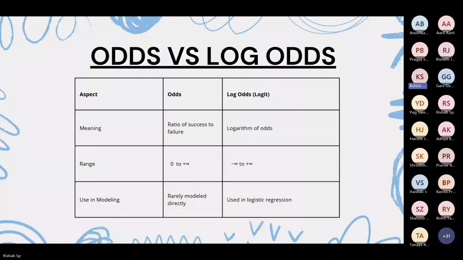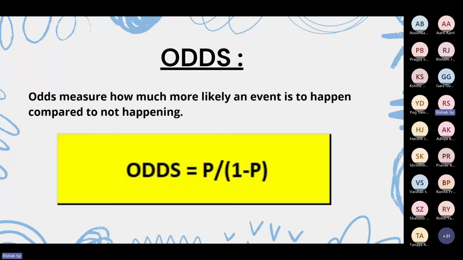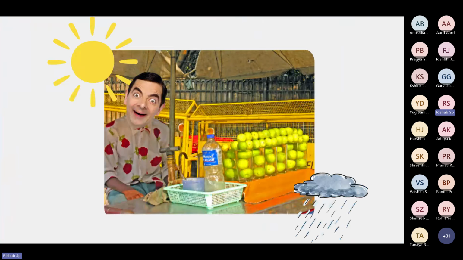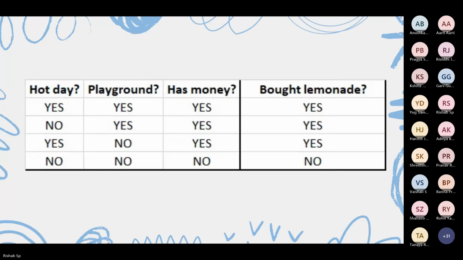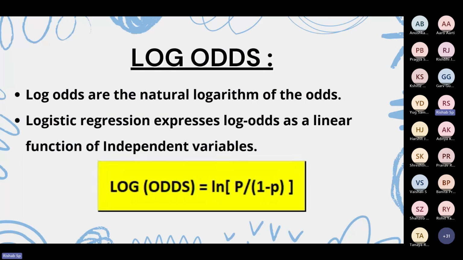It is visible. Fine. This is odds versus log odds. In logistic regression, we have discussed what it is: the function which helps give a probability, or an answer based on a probability. And we explained odds and log odds.